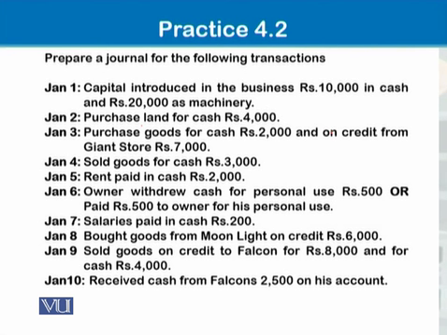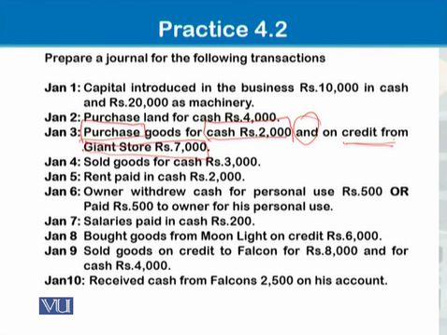Okay. Well, purchase goods for cash. We have purchased goods for cash. And we know when we purchase goods, the accounting head purchases is taken. And on credit as well from Giant store. So again, it's a compound entry.